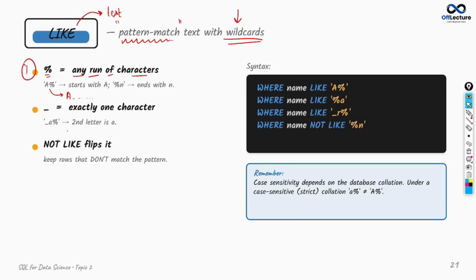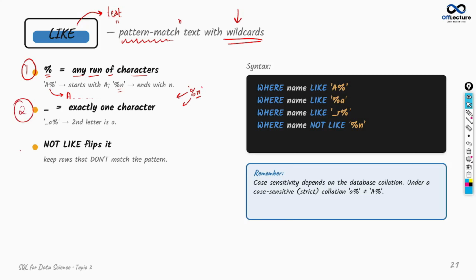If you write within quotes percent n, it means we want all the rows which end with n, and we are not bothered about how many characters are before n. So percent is used if you want to match any run of characters.